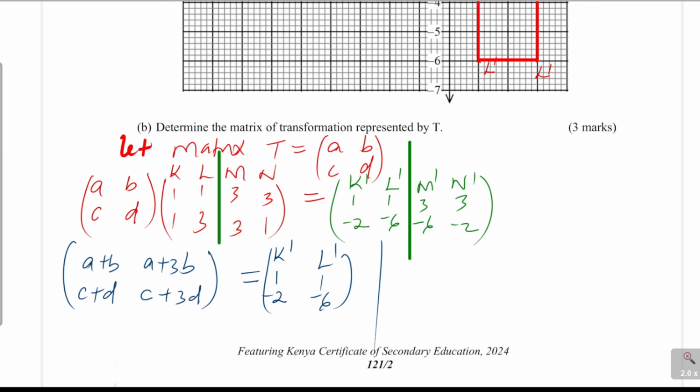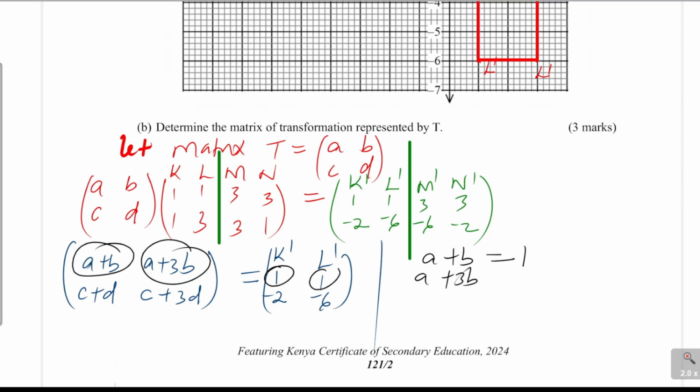This is how you do it. You take A plus B is equal to 1, and then A plus 3B is equal to 1. You can use elimination, subtract. A will be eliminated, so you have B minus 3B, minus 2B, is equal to 0.